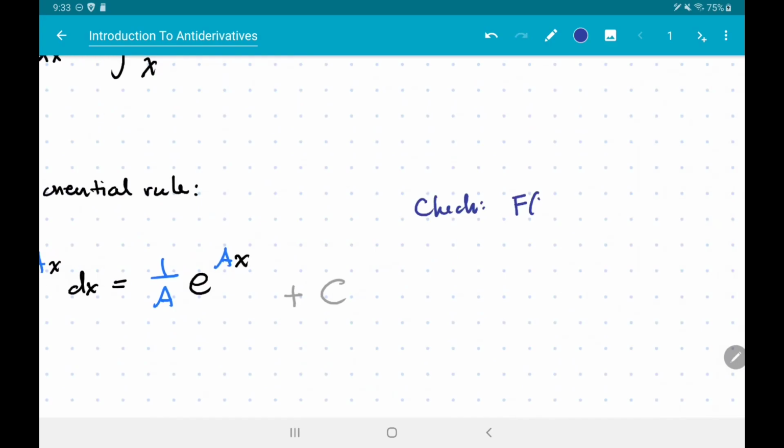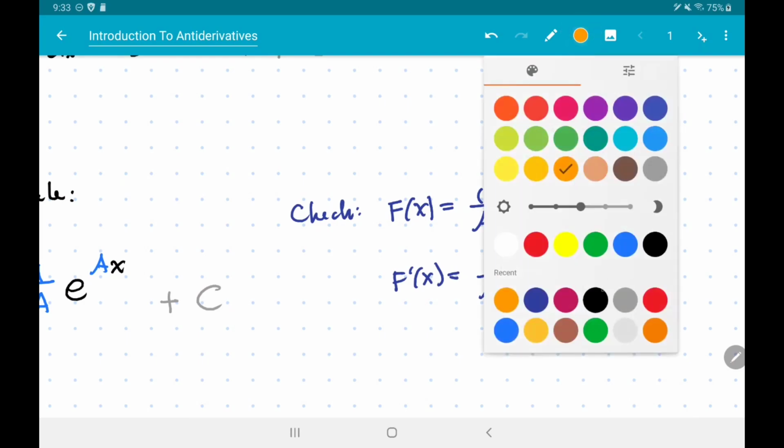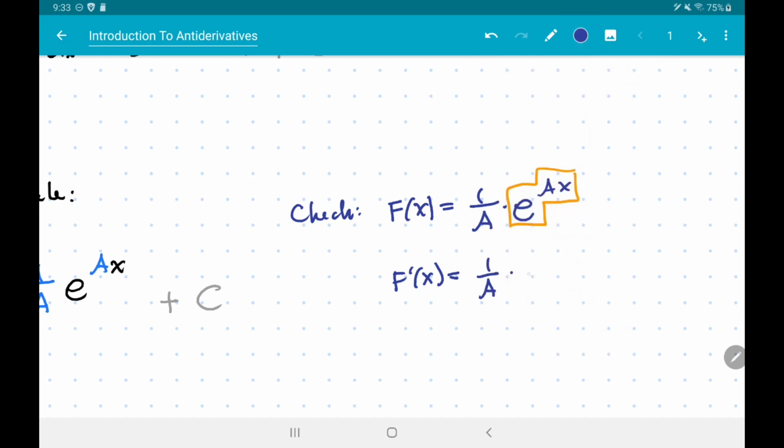I'm going to let big F of x be 1 over a times e to the ax. F prime of x is, well, we keep multiplication by 1 over a. We then recognize that that's e to a power, and so we need the exponential rule. And the derivative of e to stuff is e to the stuff.